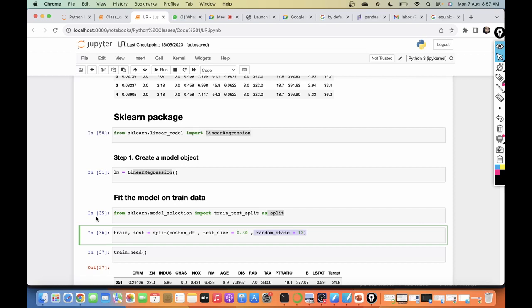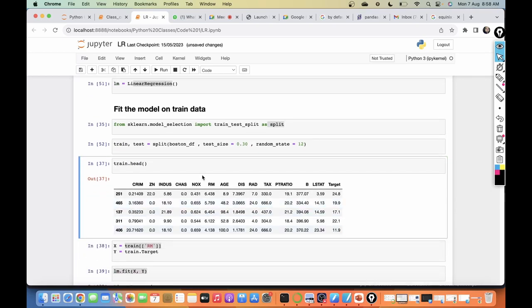Now, this provides two values: one goes into the train and one into the test. Since it is 30, 30% goes into the test and the rest will go into the train. Let's rerun it.